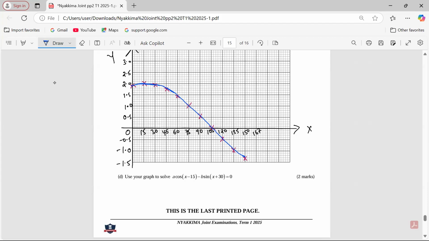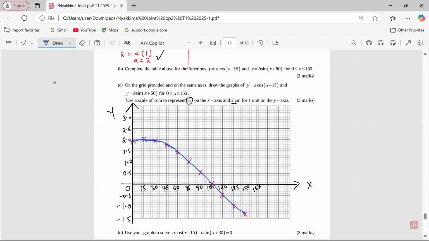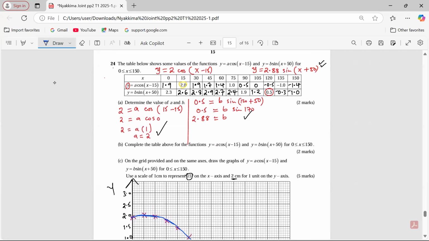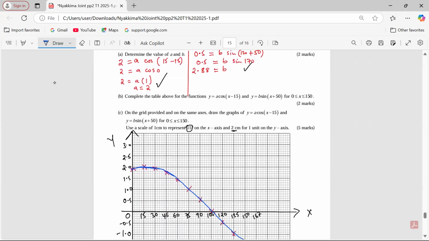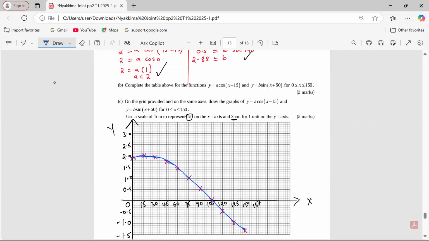Then now we can check the second curve by first of all plotting the coordinates. So the coordinates are going to be at 0, 2.3. So 2.3 is somewhere here below 2.5.